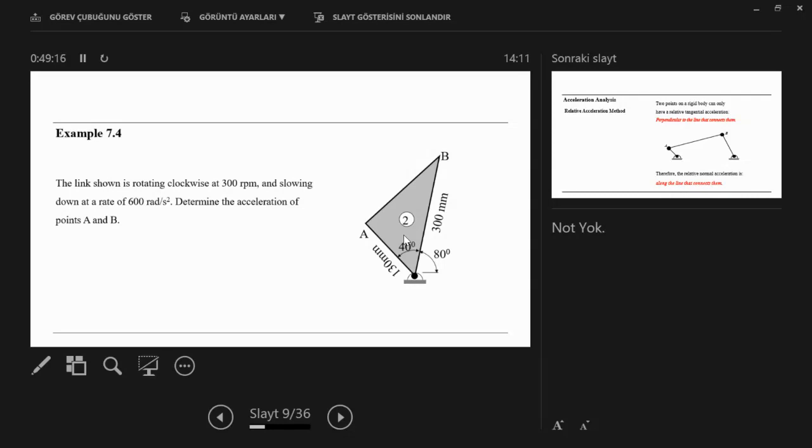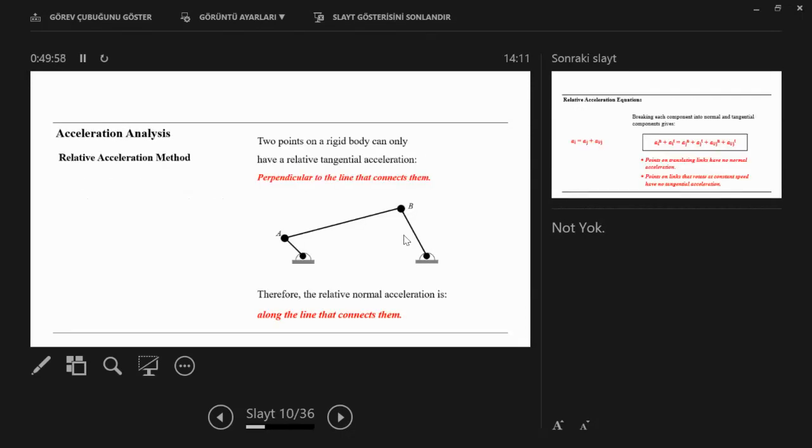Yes, this is all the same, but if we write instead of V, R omega, then V square over R becomes R omega square over R, so then it is equal to R omega square. Correct. No problem. The rest you can solve.